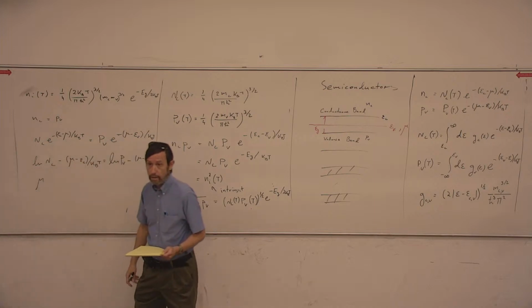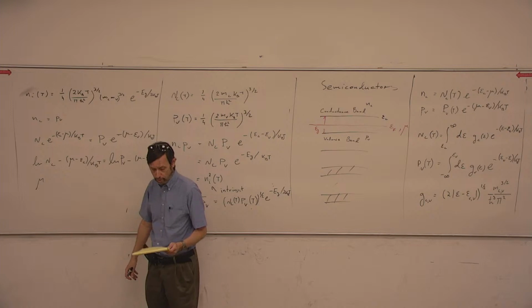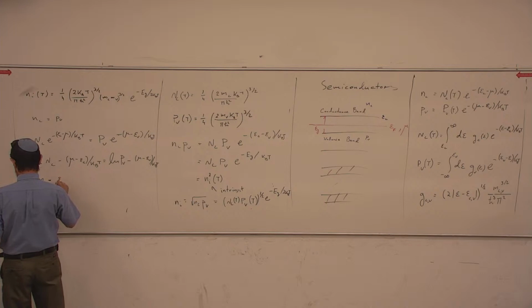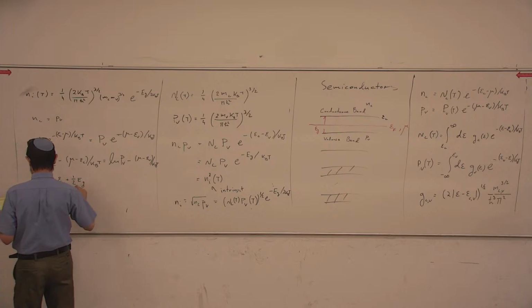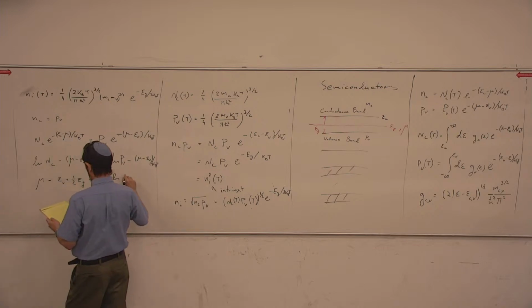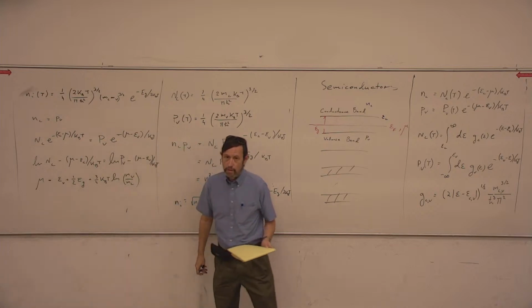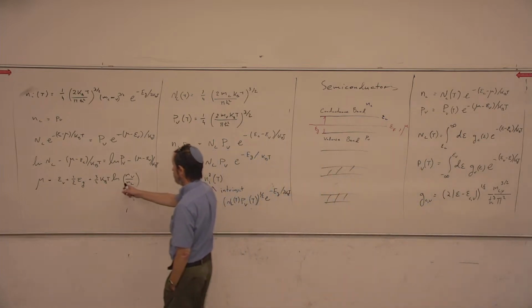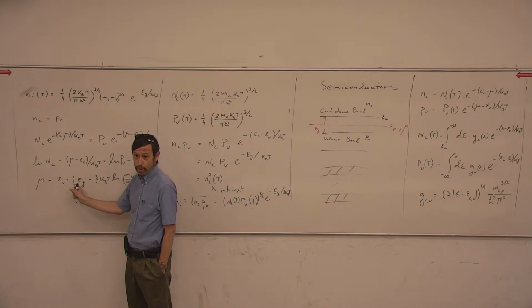Now I can see what we get for mu. Okay. For zero temperature, it's exactly in the middle, which makes sense.